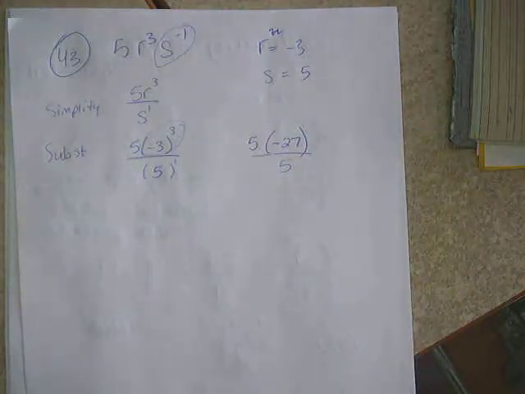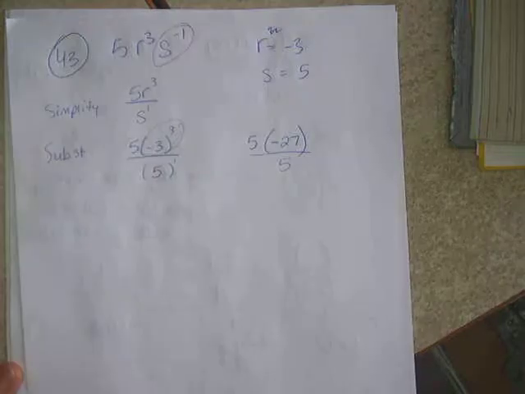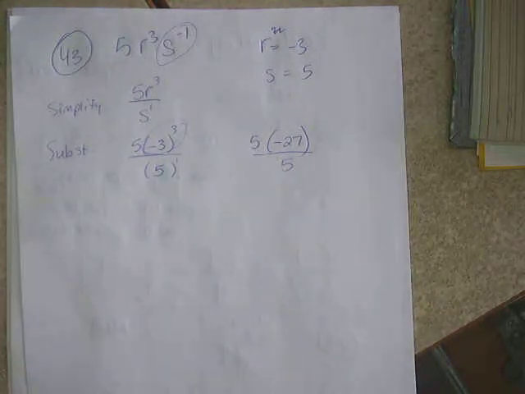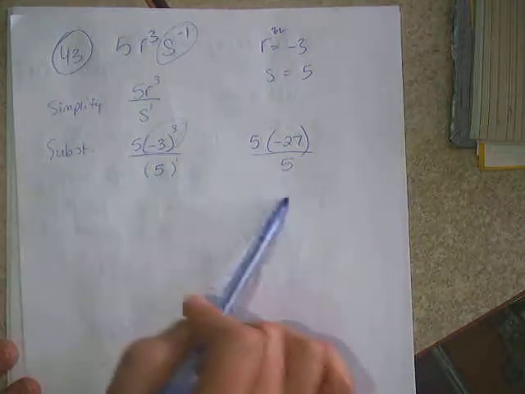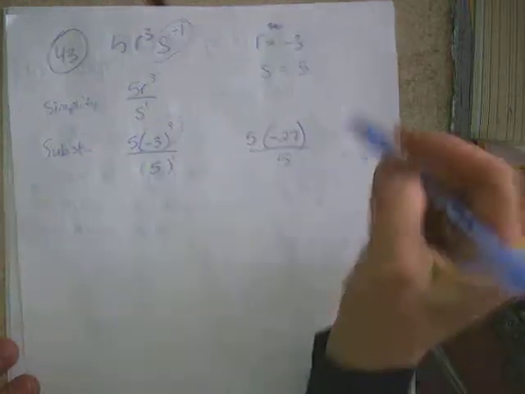Which is negative 27. Yeah, negative, because there are 3 negatives. So 5 times -27. Why am I still using parentheses? Yeah, I don't want to do 5 minus 27, and if I drop those parentheses, I might forget. So we're going to keep them for a second.